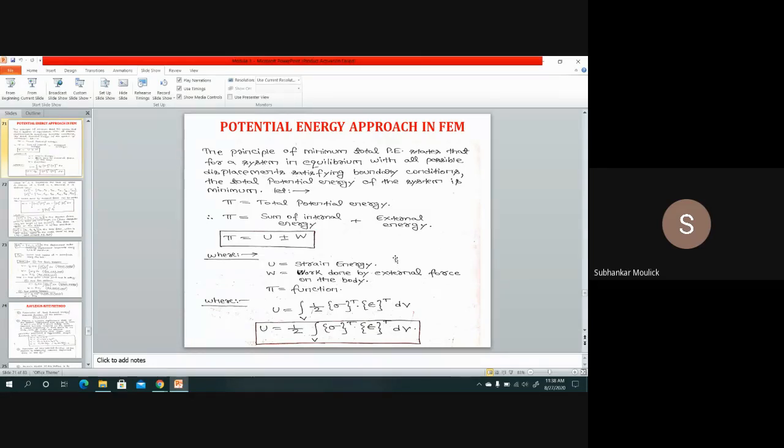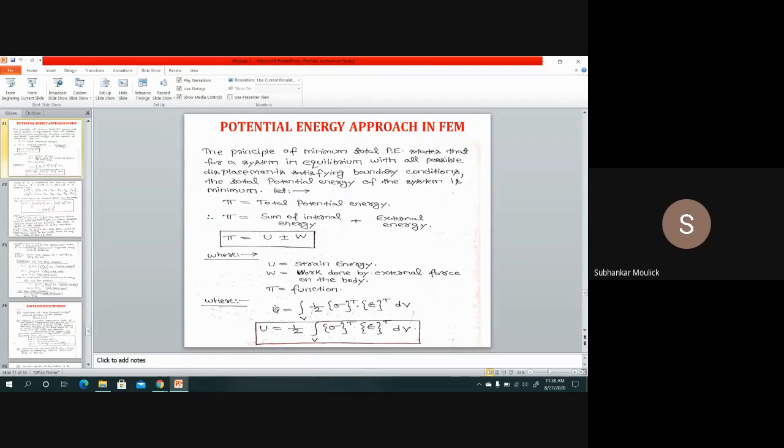These are the energies done by the external force on the body. So we are treating it as a negative energy. So the resulting equation of potential becomes Pi is equal to U minus W. What is U? U is the strain energy stored in the body.